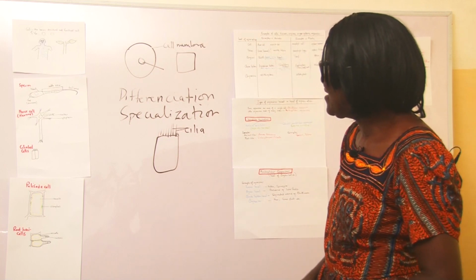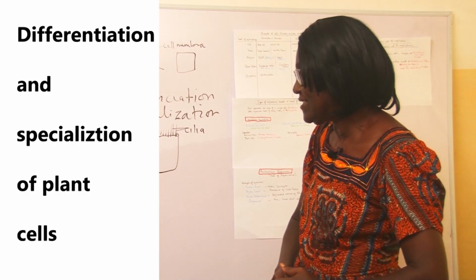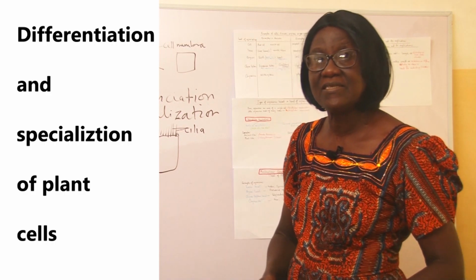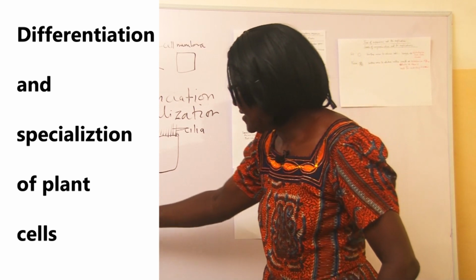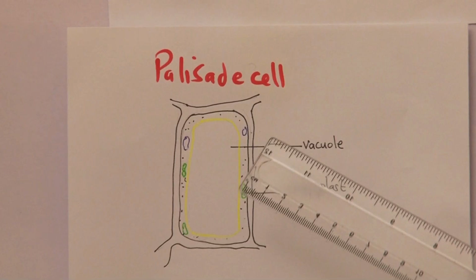The same differentiation and specialization can be found also in plant tissue. This is a palisade cell. This cell is in the leaf. The cell is filled with a large vacuole, and the cytoplasm is left to the sides and has chloroplasts.